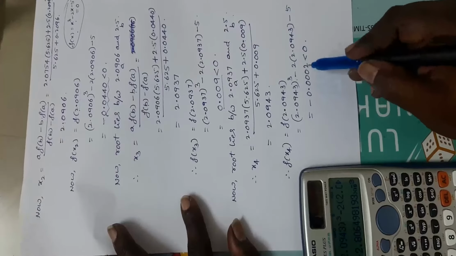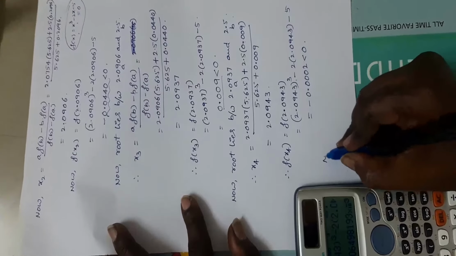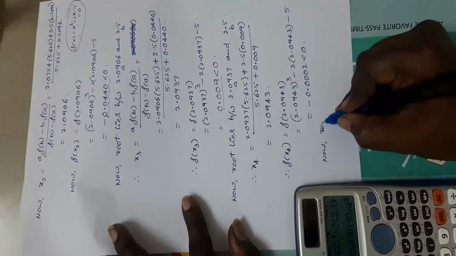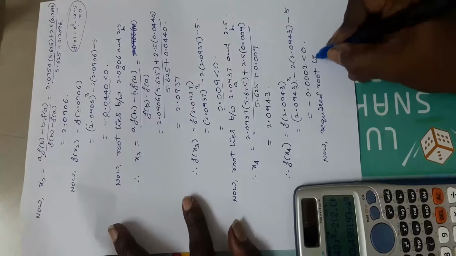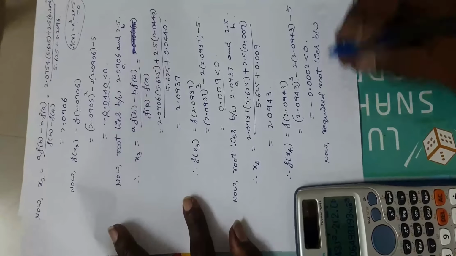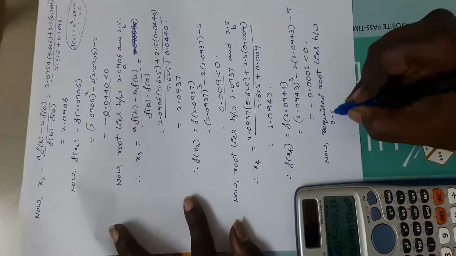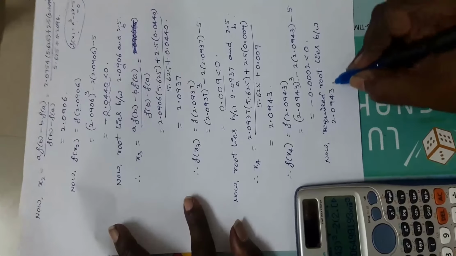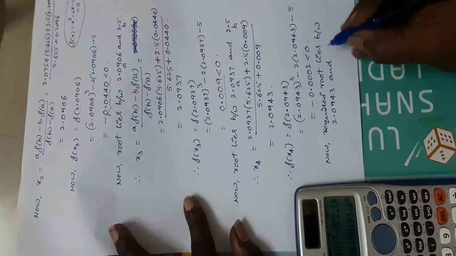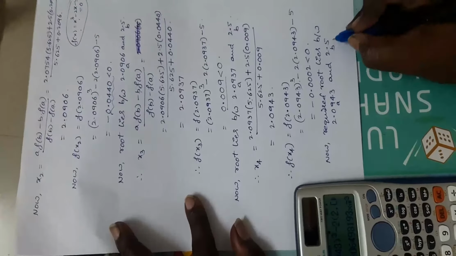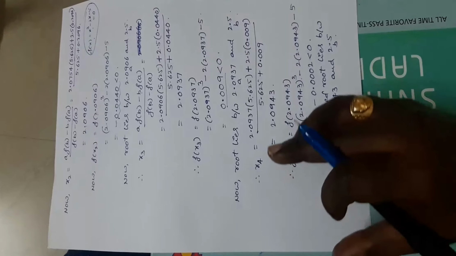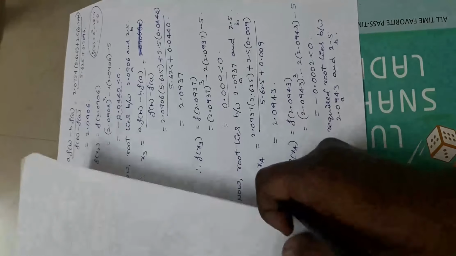So it is better to find another approximation also, because still we did not get exactly 0. Now the required root lies between the new value 2.0943 and 2.5. So you can take this as A and this as B. See this one.